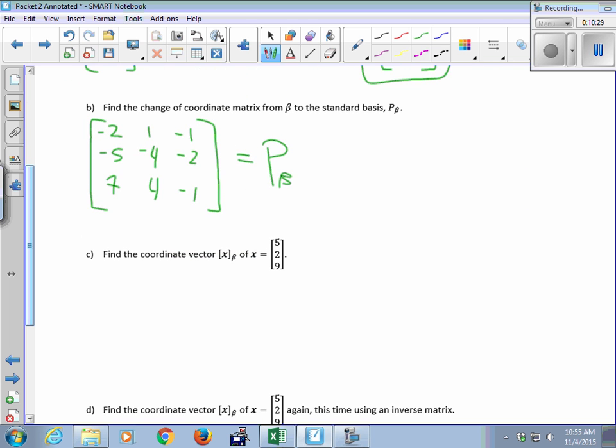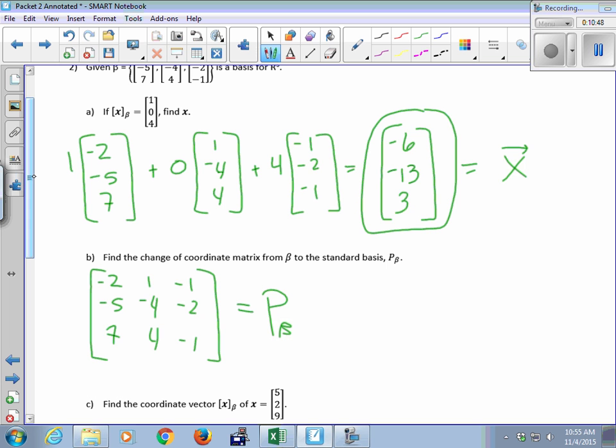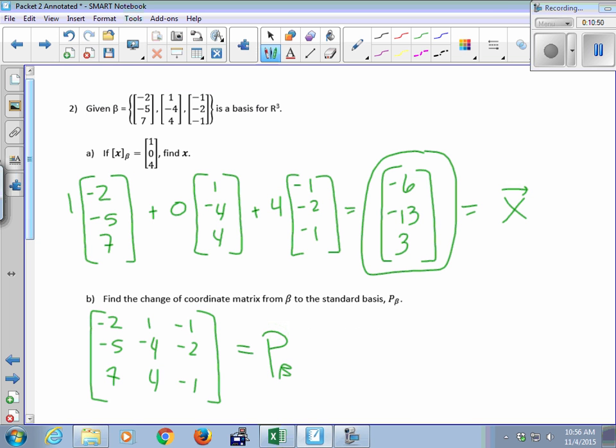Okay, so now I'm giving you an original x, 5, 2, 9. That's using the standard basis, like 1, 0, 0, 0, 1, 0, 0, 0, 1. This is the point 5, 2, 9 in R3. I want to find the coordinate vector with respect to this other basis that I gave you, beta.